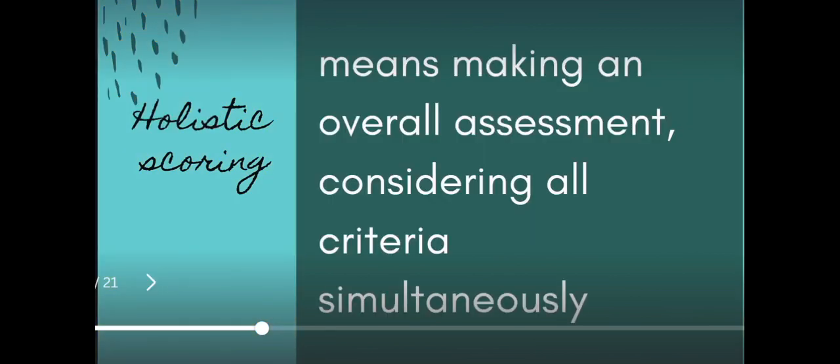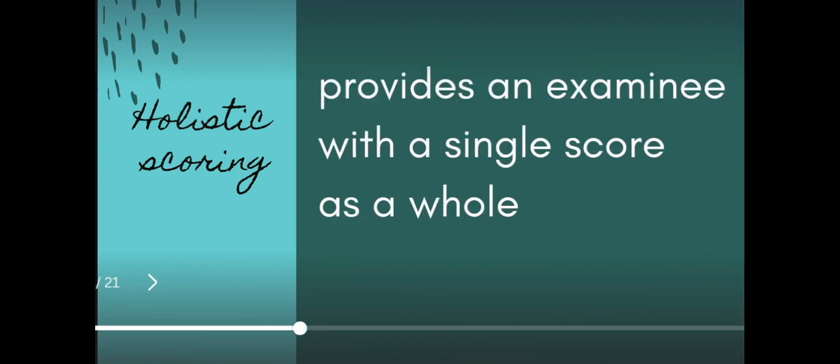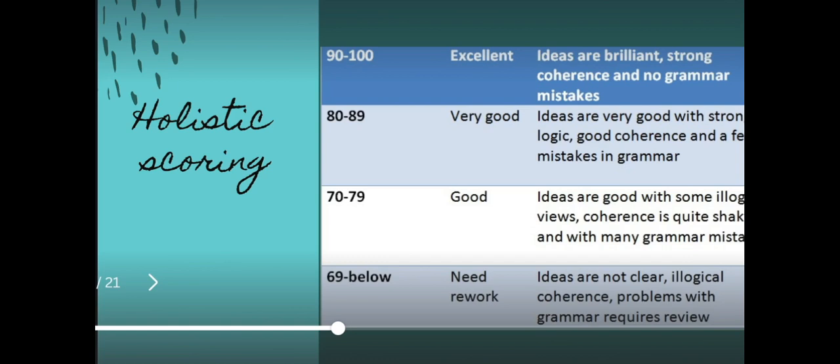And then, to understand holistic scoring, this means making an overall assessment, considering all criteria simultaneously. So how do we understand this? When we say considering all criteria simultaneously, if you look at our example here, we have these elements or the criteria simultaneously within a certain group, like for example, when to award excellent, very good, good, need rework.